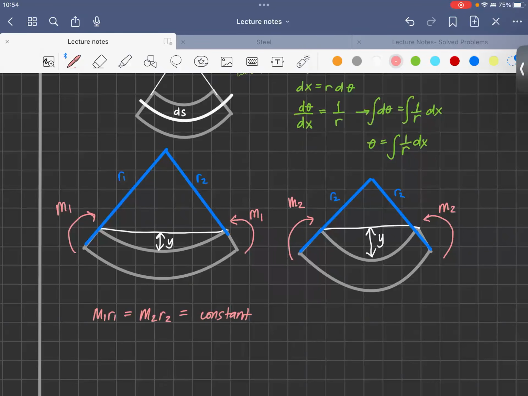So, pwede ko itong i-rewrite. Gawin natin say MR is equal to EI. So, papalitan ko yung constant ng modulus of elasticity. Again, modulus of elasticity is based on the material type.